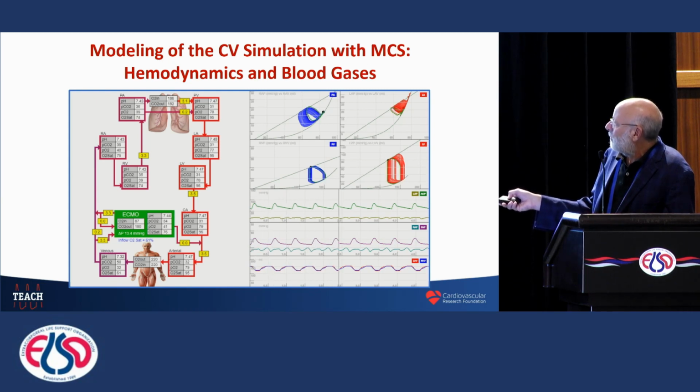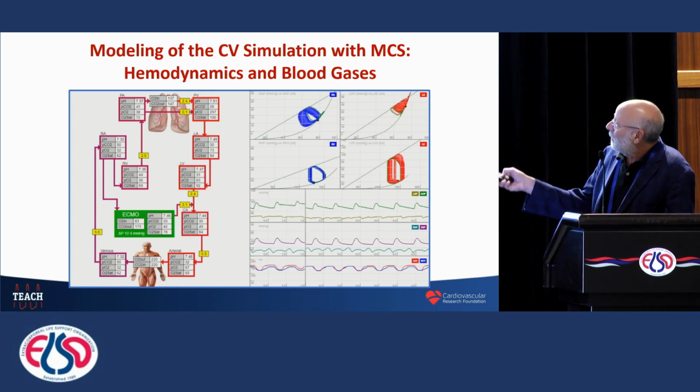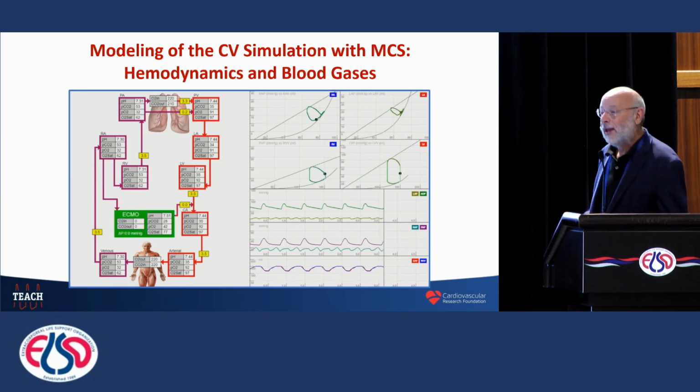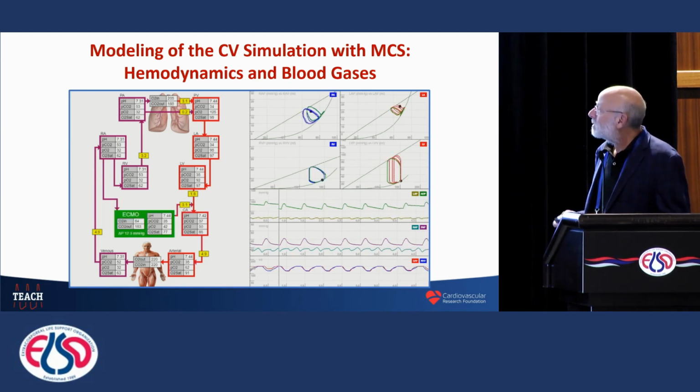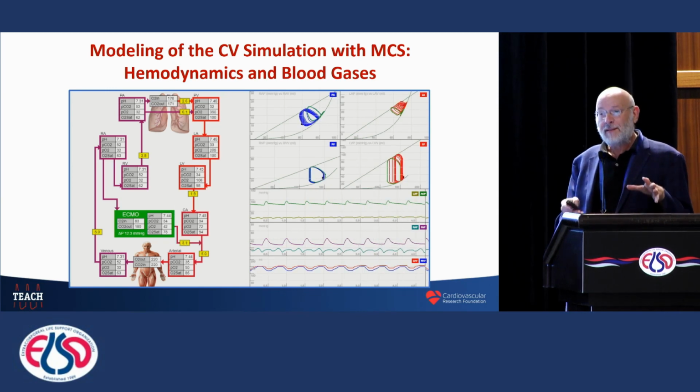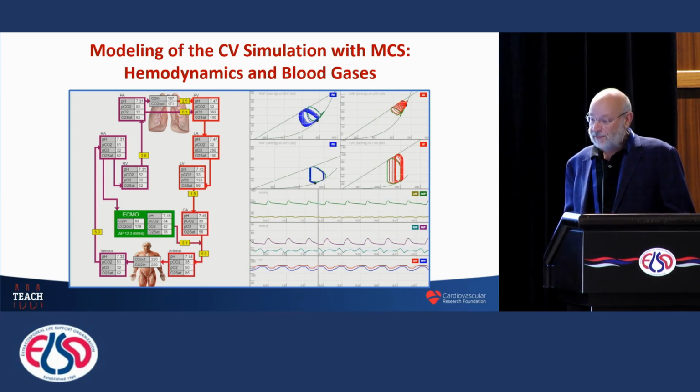We've got the body, which is taking oxygen out and putting CO2 in. And we can then also put ECMO here, where we've got a certain amount of oxygen coming in and CO2 going out. We can simulate all of these kinetics, not only now of hemodynamics, but also metabolics.